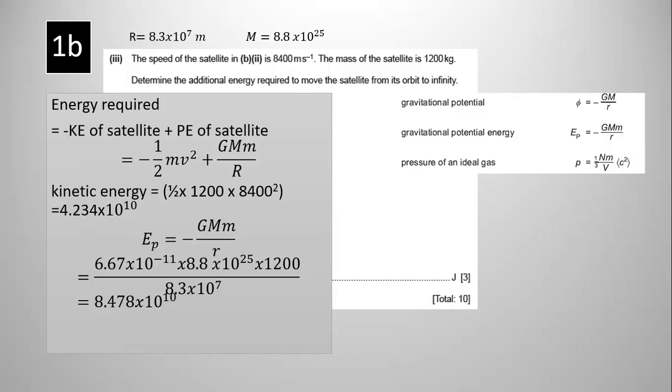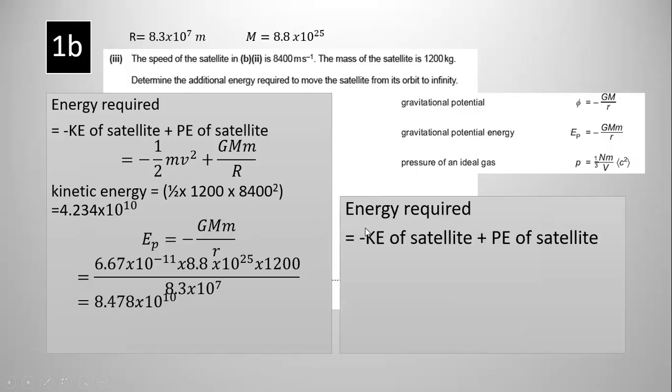Then calculate out. Okay. There's your R. Just use a different symbol here. And energy required, minus KE. Okay. You're happy with it? Yep.